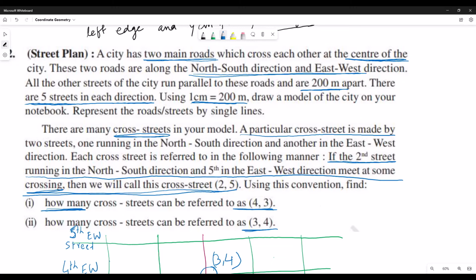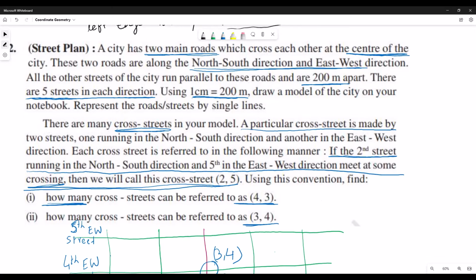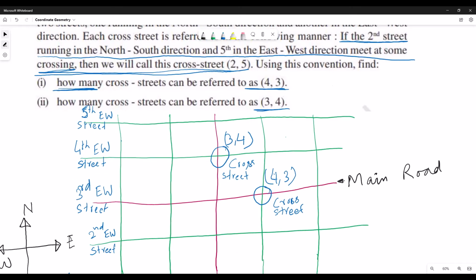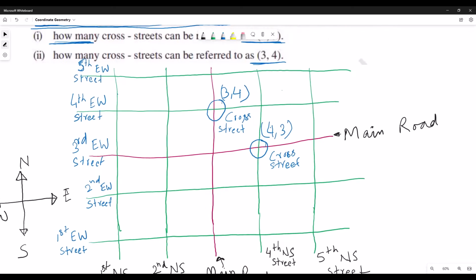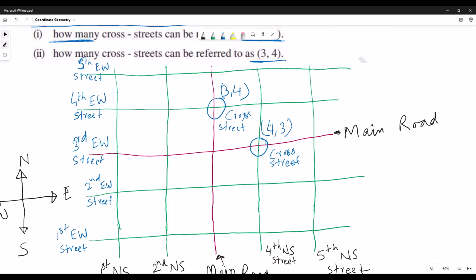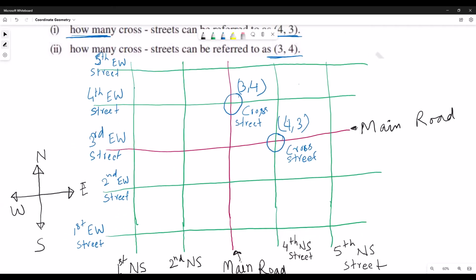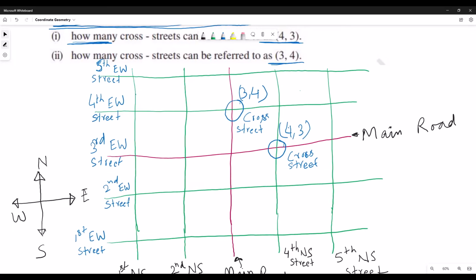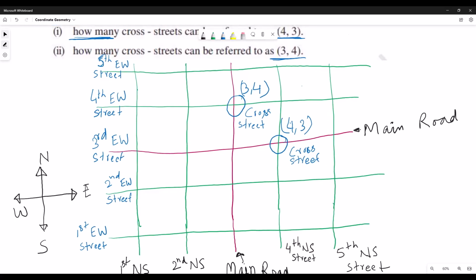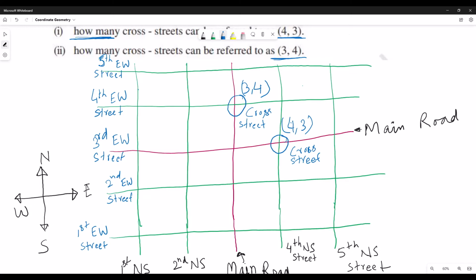Whatever is given in this statement, I will show you in the diagram. The problem says that there are two main roads, in the east-west direction and north-south direction. So this red line we have denoted as the main road.